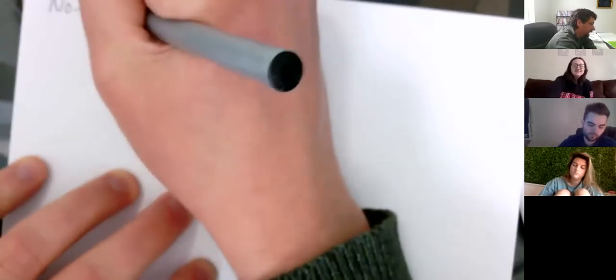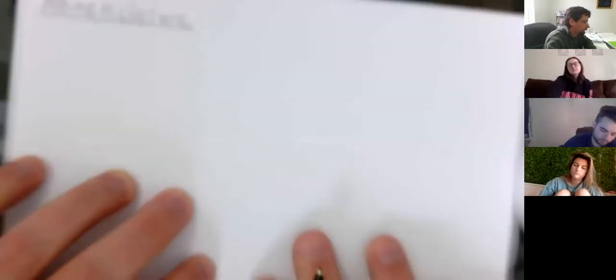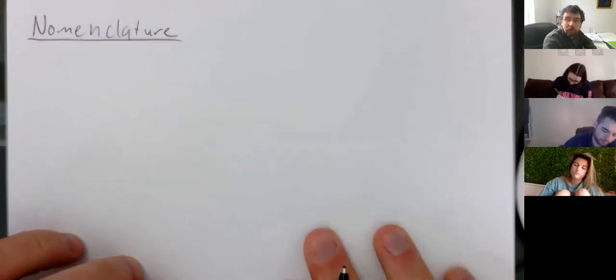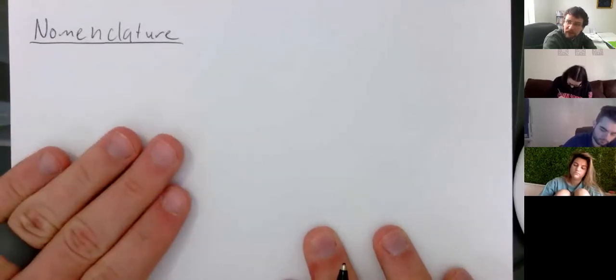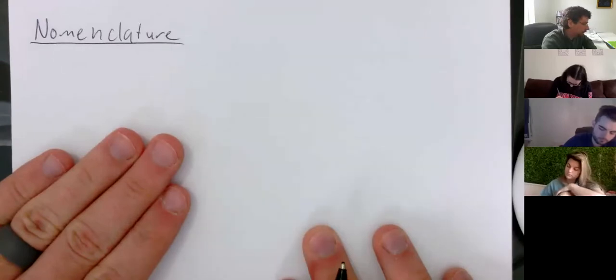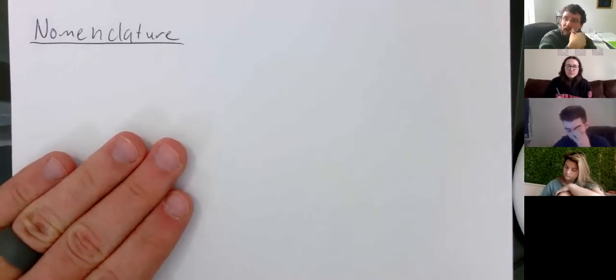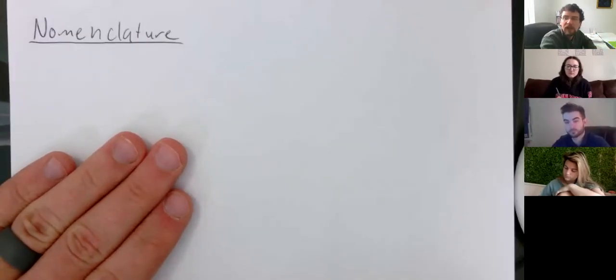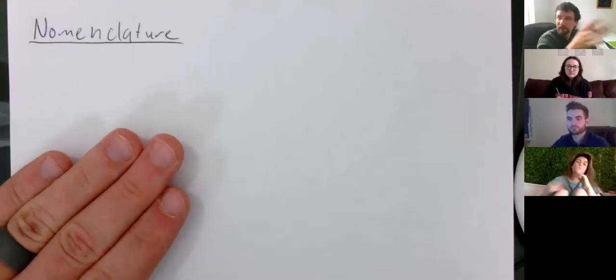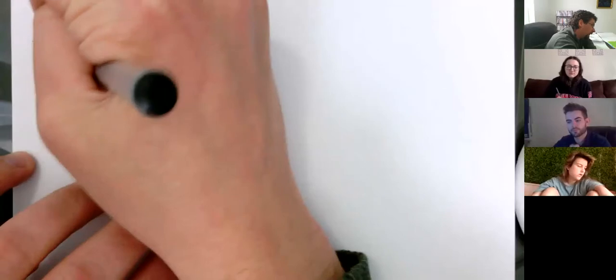So let's talk about nomenclature. The first thing we want to indicate is that ligands are sometimes referred to by their old names rather than their IUPAC names. An example is ethylenediamine. That's not the true IUPAC name for it, but a lot of people refer to it that way. So sometimes you'll see one way, sometimes another.